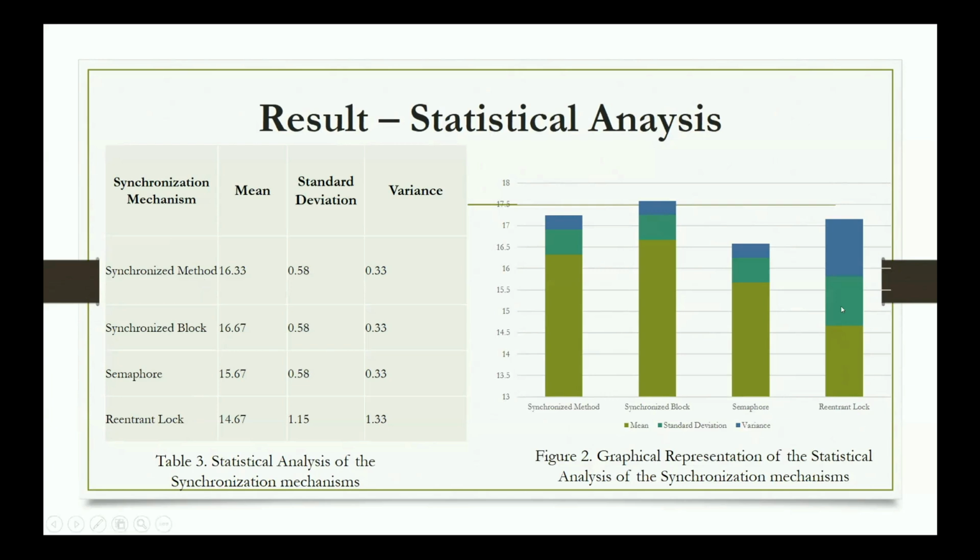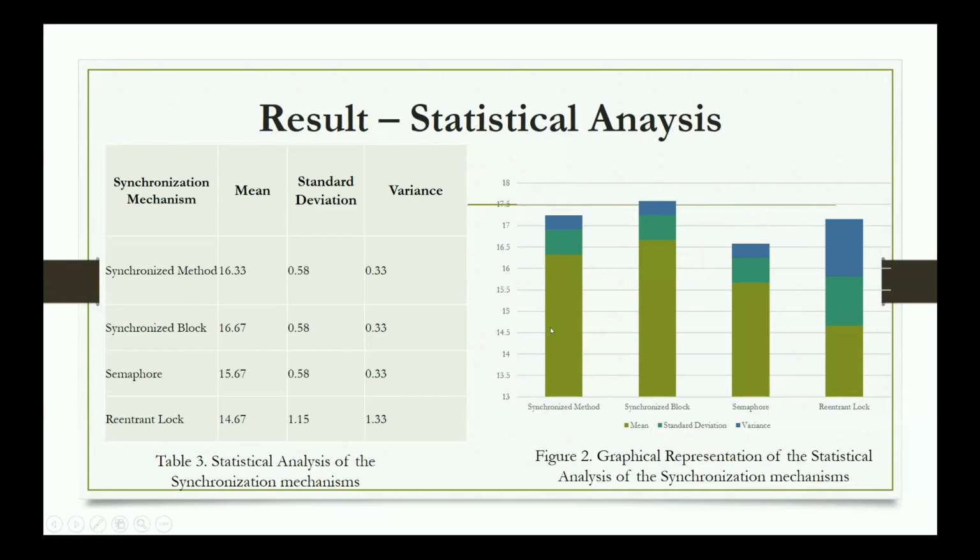But then if we look at the standard deviation and the variance, we see across all four, it has the highest. So it means it can't really be predicted. It has a lot of variability across the three operating systems.